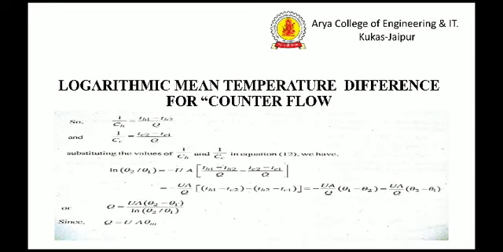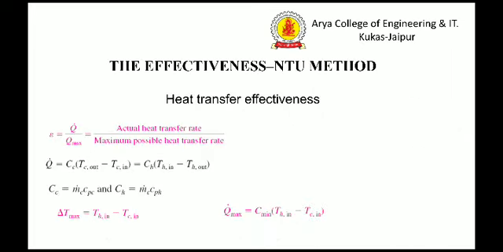By putting the values of 1 by Ch and 1 by Cc, we will get the heat transfer rate, that is finally equal to UA theta m, and theta m is equal to (theta 2 minus theta 1) upon ln (theta 2 upon theta 1). This expression shows the LMTD, that is logarithmic mean temperature difference, for the counter flow.